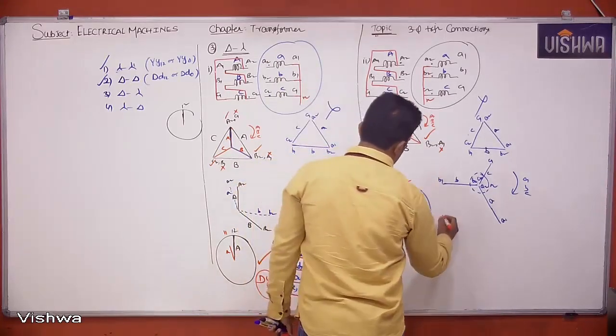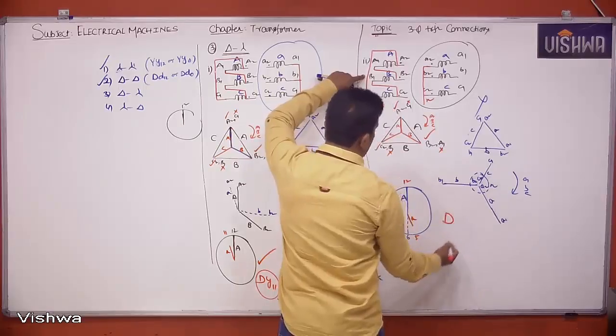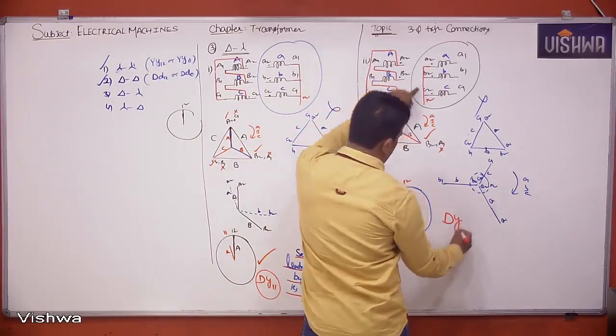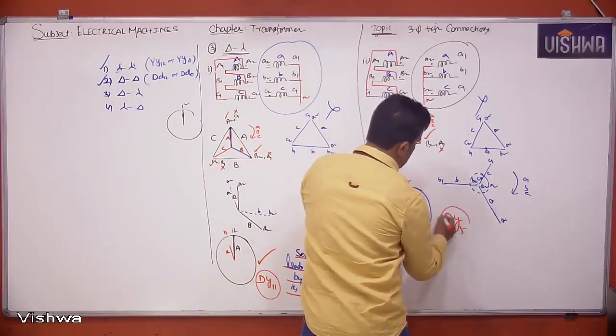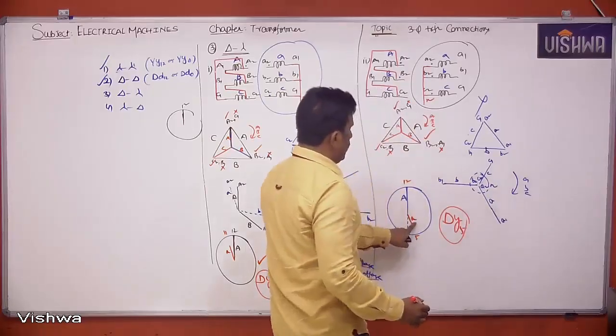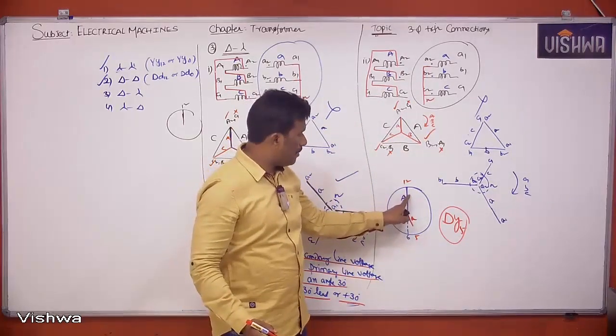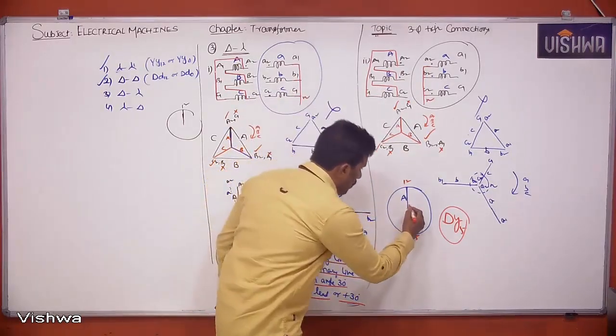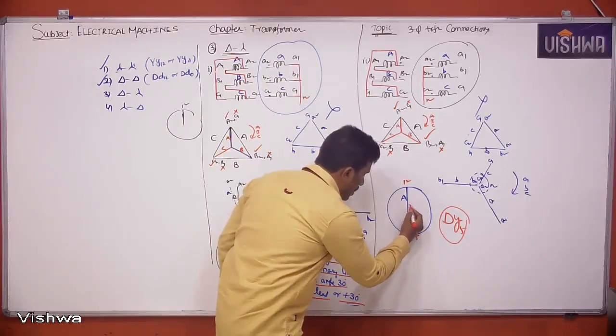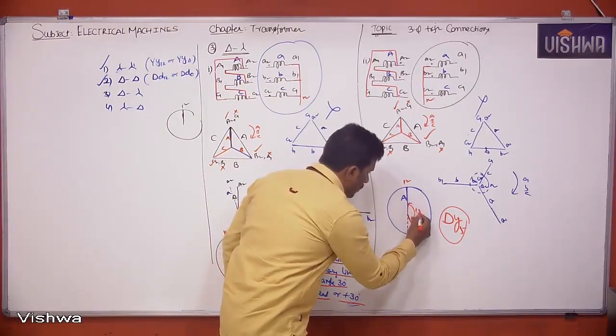Now answer please. Delta capital D, star small y. What's the time here? Dy5 is the answer. Or, the secondary line voltage lags the primary by an angle of how much? This total is how much? 180. What about the angle from here to here? 150 degrees.